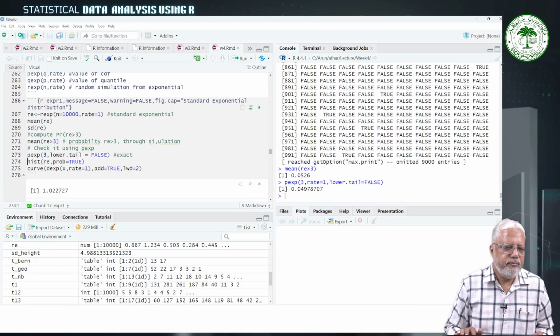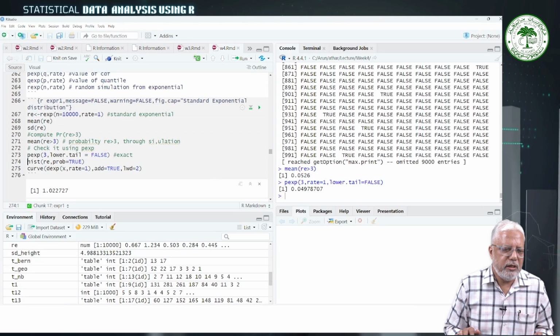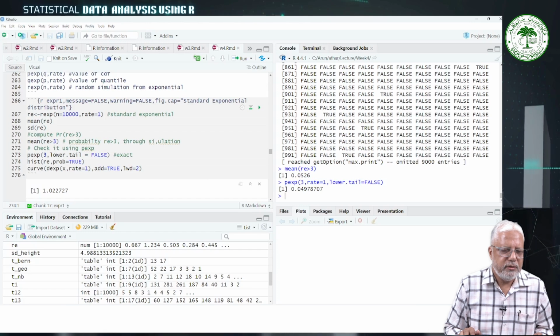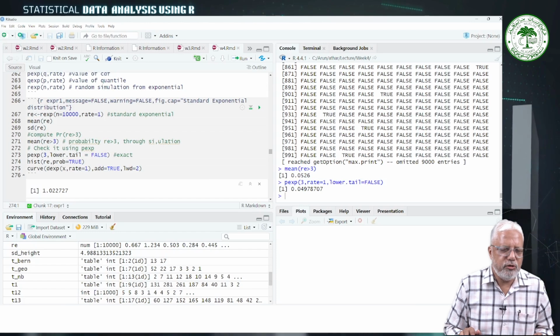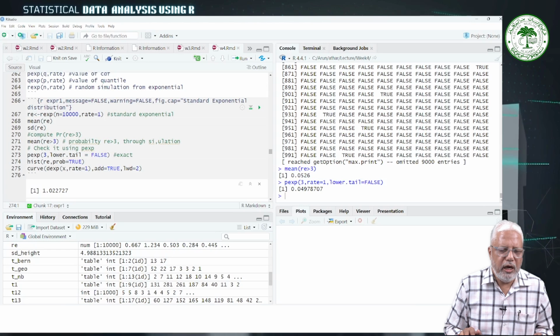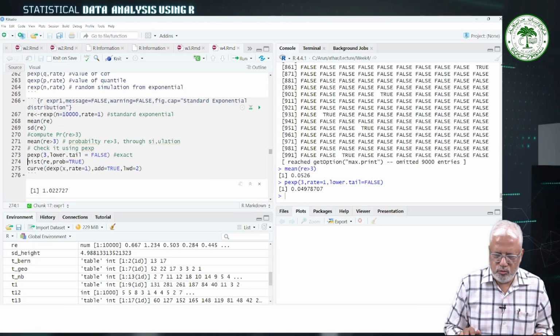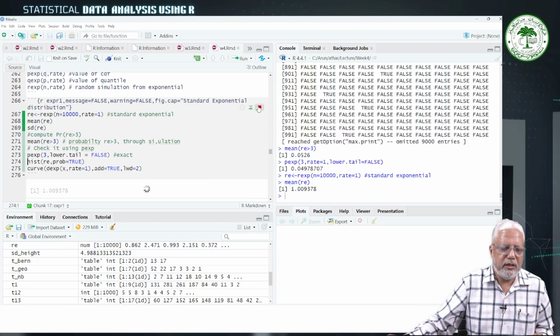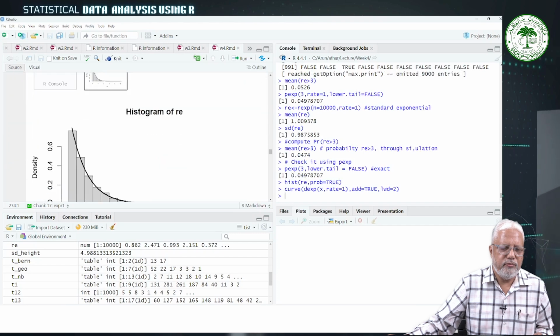Now, histogram of the simulated data r, prob is equal to true, and curve dexp, rate is equal to 1, add is equal to true, lwd line width should be 2. So, when we run this, we are getting this curve.